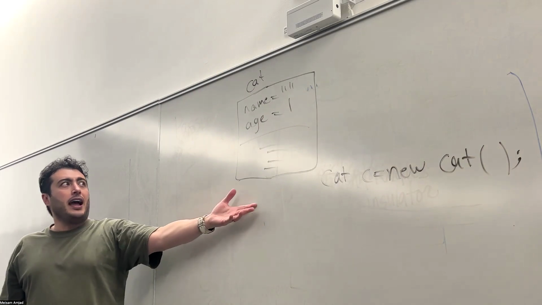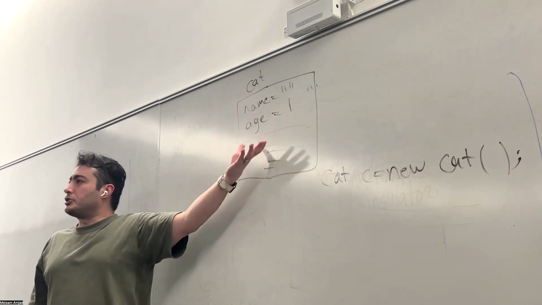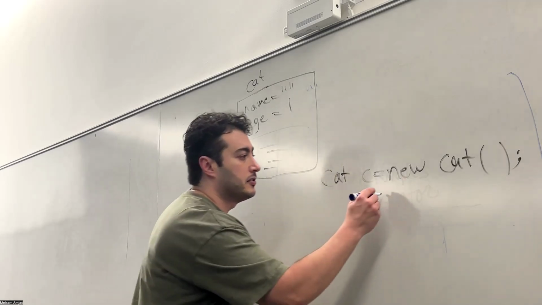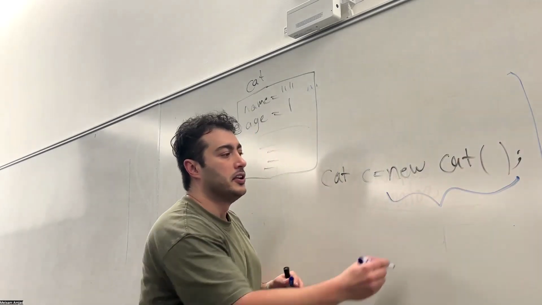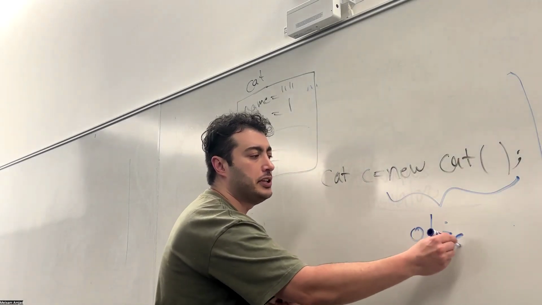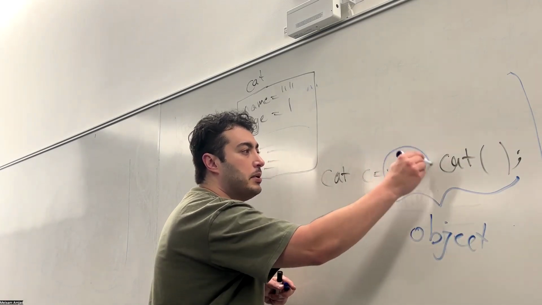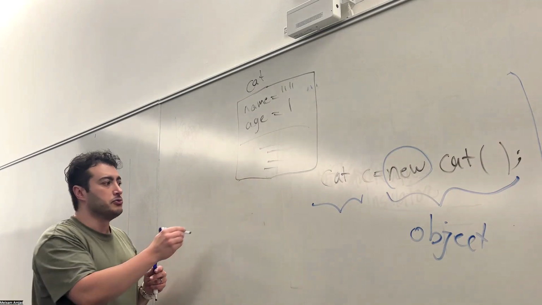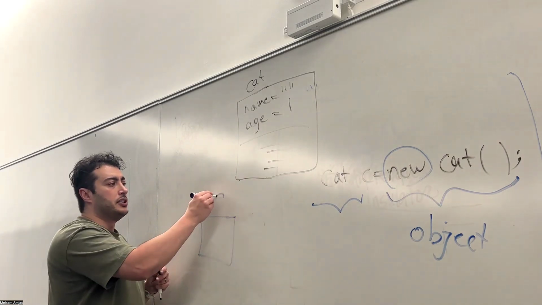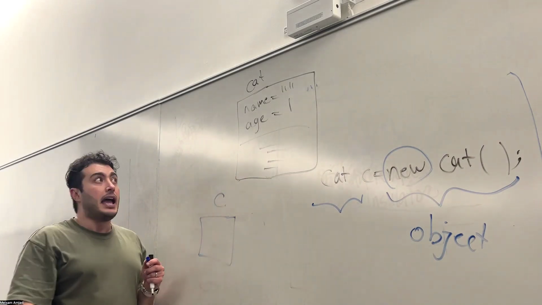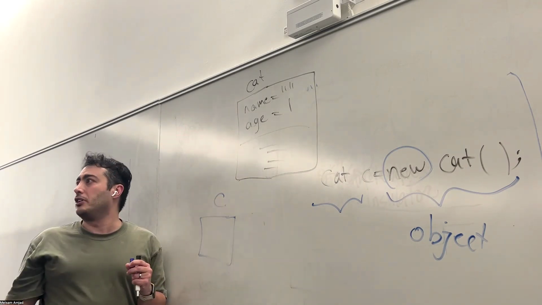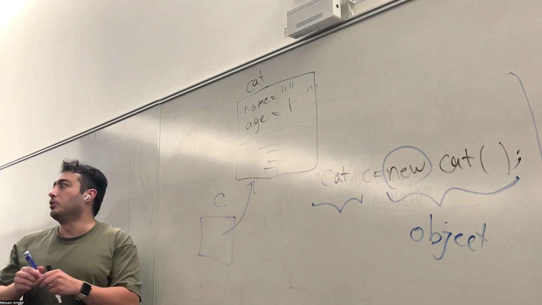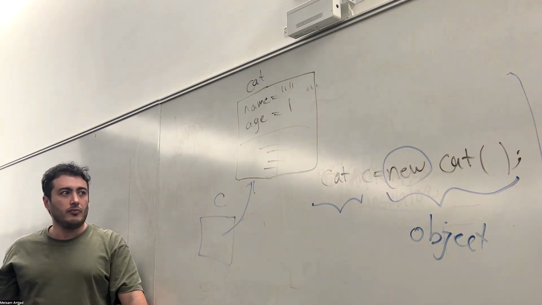So Java goes somewhere else and creates this cat object, because of this new. And we also have a cat variable. So Java goes somewhere else, creates this cat variable, and whatever the memory location of the object is, it's going to save that memory location in the variable.